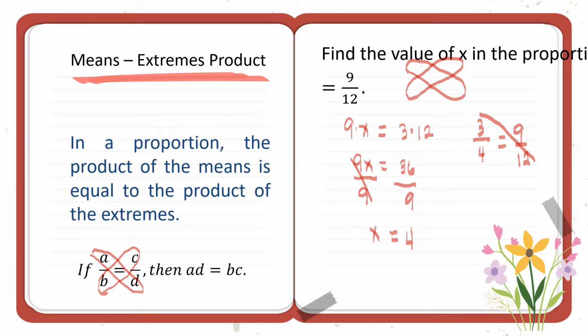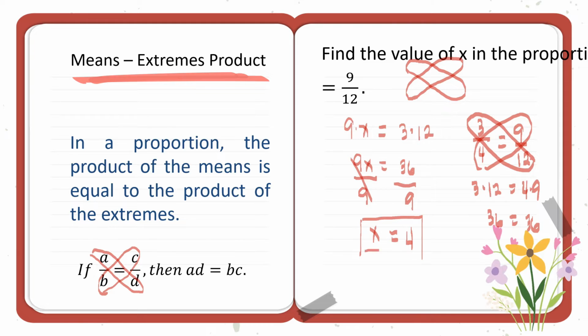By cross multiplication, 3 times 12 should be equal to 4 times 9. 3 times 12 is 36, 4 times 9 is also 36. Therefore, your answer wherein x is equal to 4 is correct.